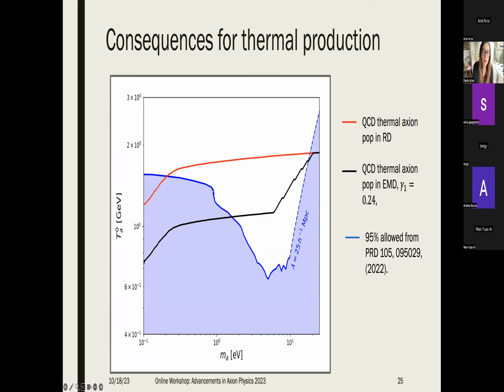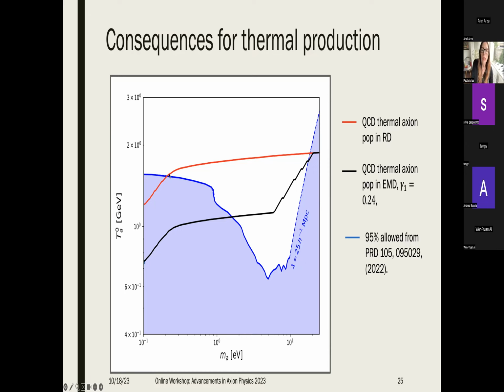So we translated their results into this plot. And here the red line is the QCD thermal axion population in a radiation-dominated scenario. So everything below the blue curve is allowed parameter space, and everything in white, therefore, is ruled out.